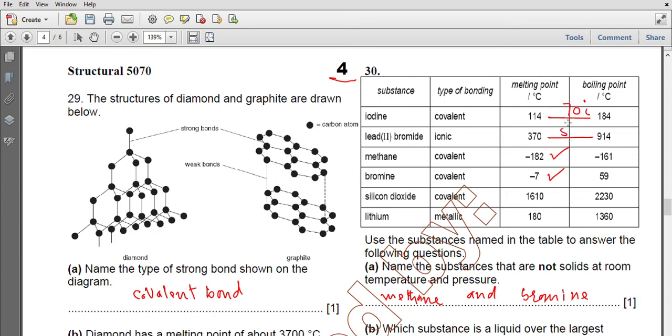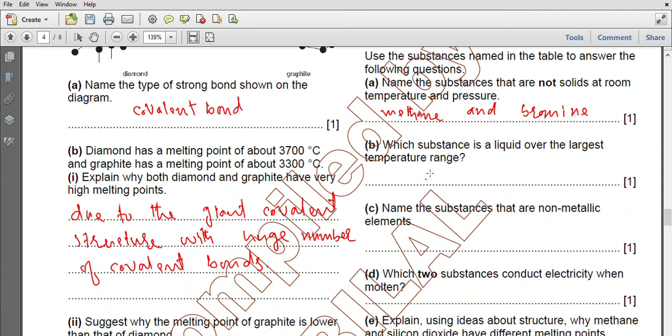Here is a very huge gap: it melts at 180 but boils at 1300, more than 1000, almost 1100 degrees Celsius gap. So we can say lithium remains liquid over the largest temperature range.